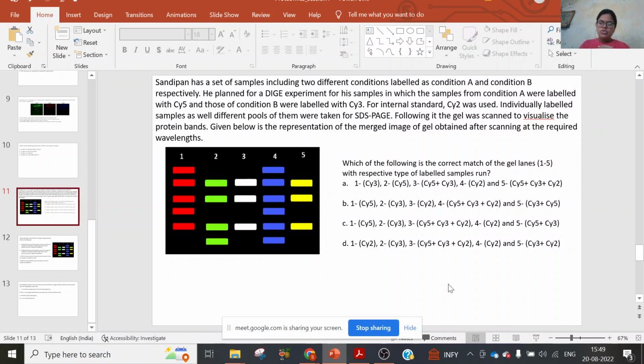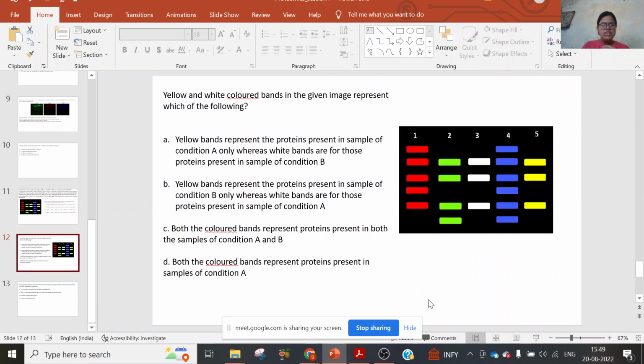You are labeling both A and B conditions with Psi5 and Psi3 dye, and you're using Psi2 as an internal standard. So both the colored bands have proteins from samples of both conditions A and B.